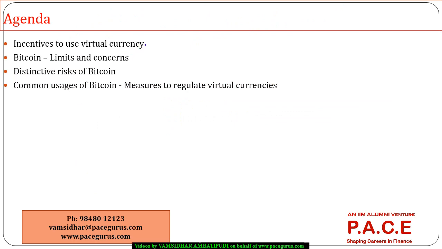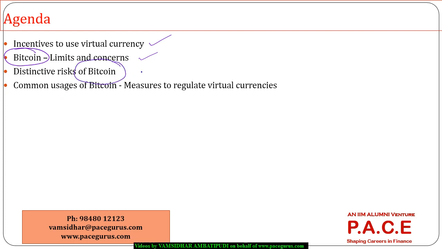So, as a broad agenda here, which is based on the aim statements, is to give you an understanding of what are the various incentives to use virtual currency. What do we mean by virtual currency, first of all? And why do we need to use virtual currency? Bitcoin per se, what are the features of that Bitcoin? Along with that, what are the various limitations and concerns associated with the usage of Bitcoin?